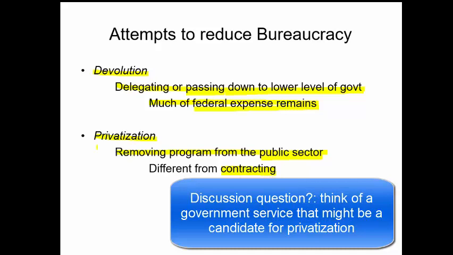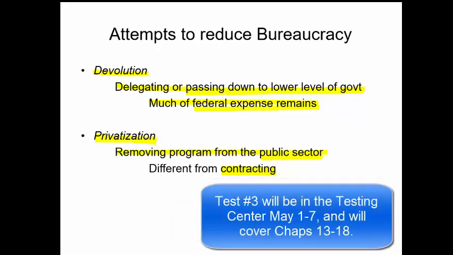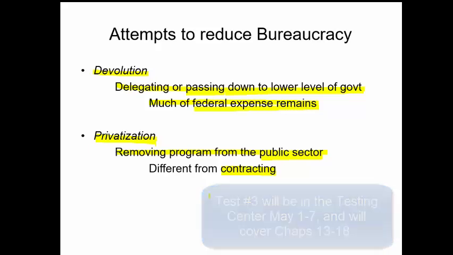So it's, again, another very difficult way of trying to reduce the bureaucracy, because removing a program from the public sector is hard to do because it may not be able to survive on its own trying to make a profit at that particular service.